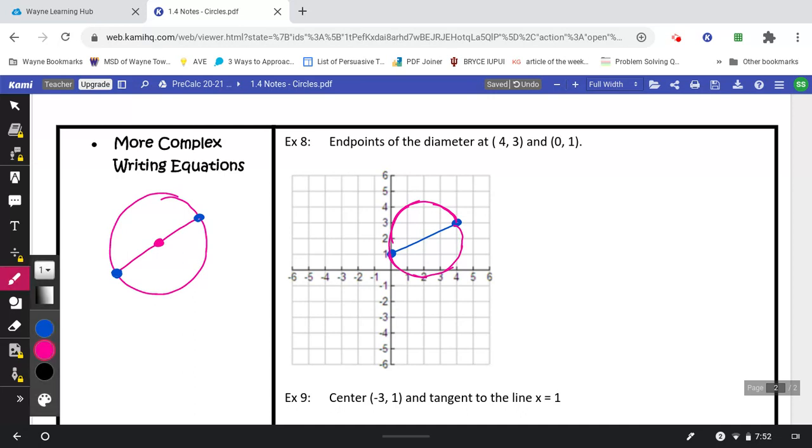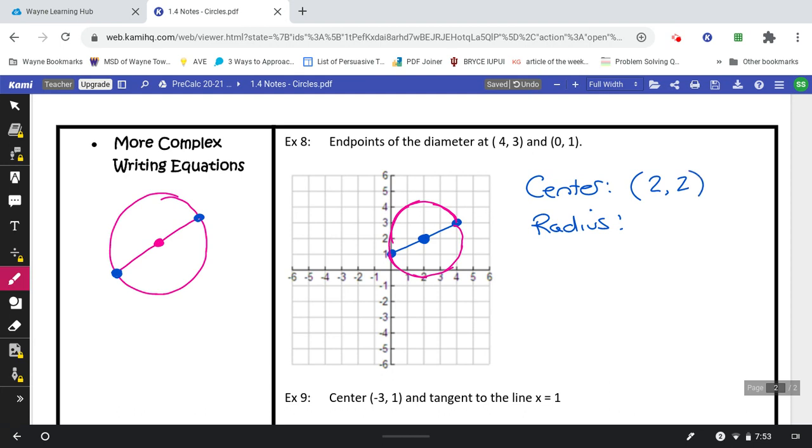So anytime we are trying to write the equation, we need to make sure we know the center and we know the radius. The center you can find just from looking at it. The middle of those two blue dots would fall right here, which looks like the point 2, 2. The radius is a little bit different, so we cannot count diagonally on a grid.